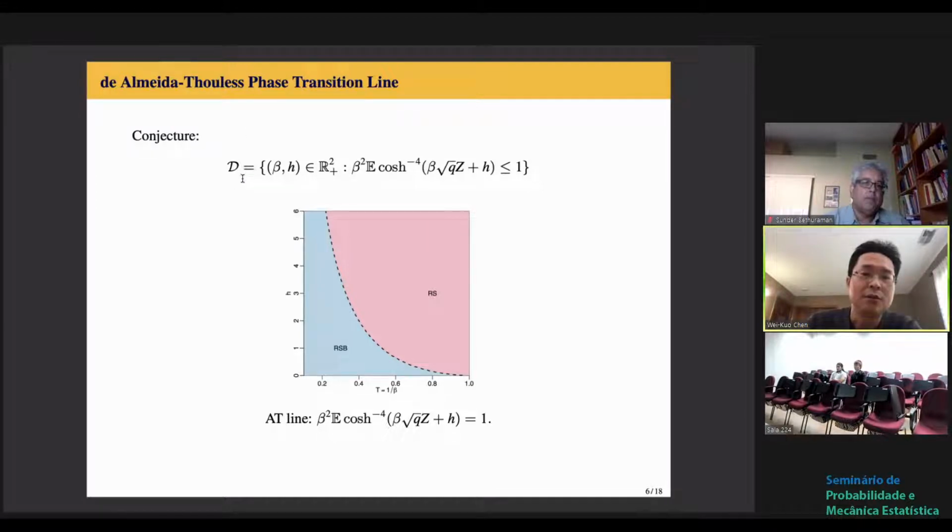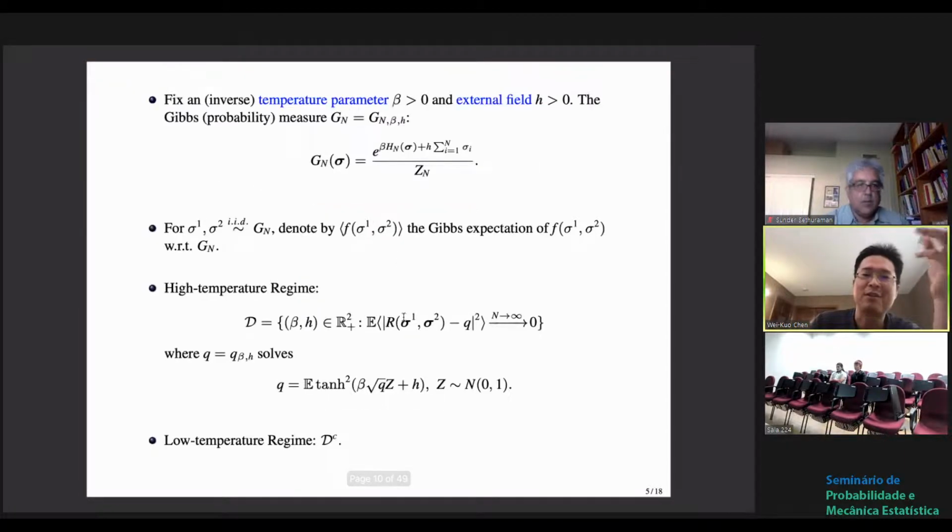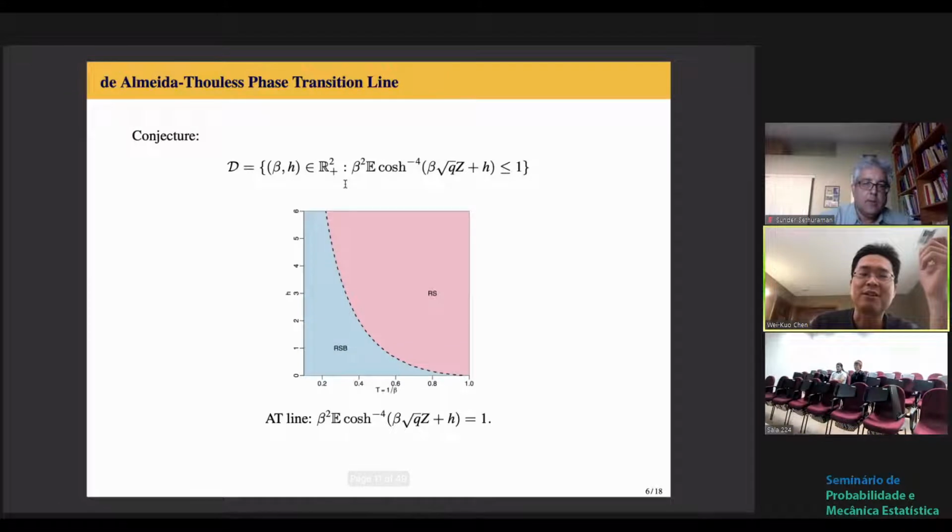The formulation of D was super simple, just the concentration of the overlap, but the conjecture is that D can be written as this set: all of the beta and h that satisfy this inequality.